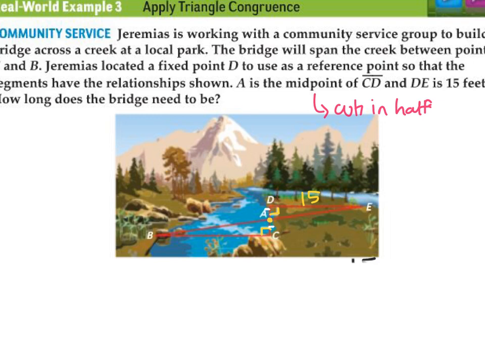So DC, I'll do a different color. So DA will be congruent to AC, okay? Because remember, A is a midpoint. So we have two congruent angles and a congruent side.